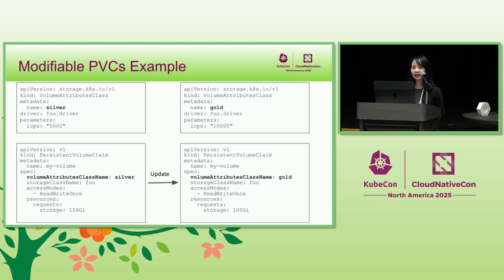Although the storage class name is still immutable, the volume attributes class name is mutable. After the volume is provisioned, you can change your volume attributes class name from silver to gold. That will trigger the volume to be modified to have the new IOPS as defined in the volume attributes class gold. This feature is now GA.